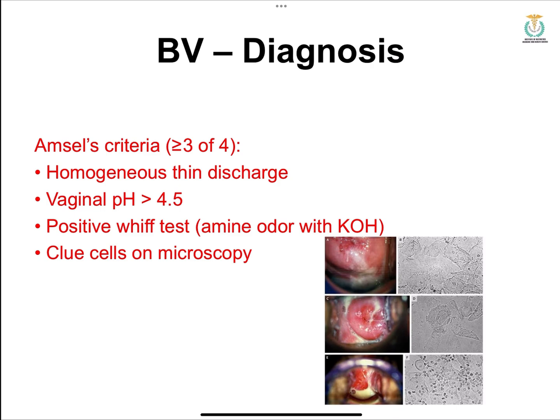Second, the vaginal pH will be greater than 4.5. Third, a positive whiff test, meaning an amine odor with KOH. Fourth, clue cells on microscopy. With this we can diagnose bacterial vaginosis. The whiff test means the fishy odor, which I mentioned as a symptom, appearing with KOH, which suggests bacterial vaginosis.